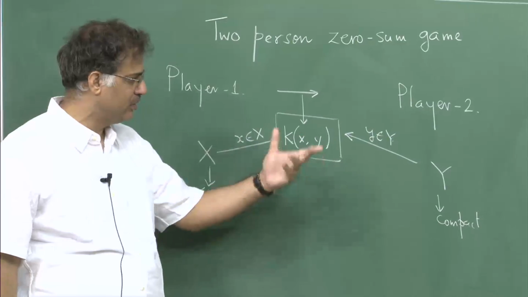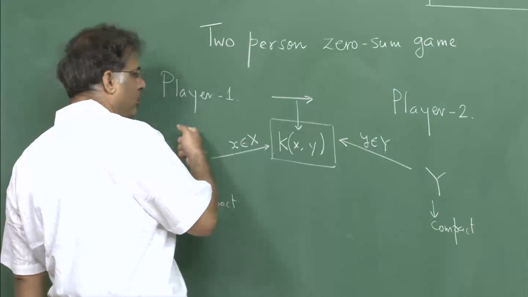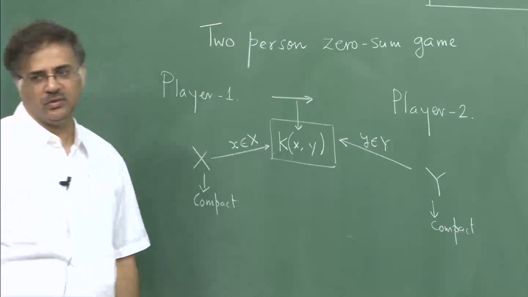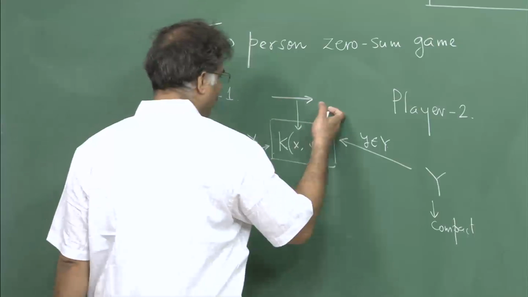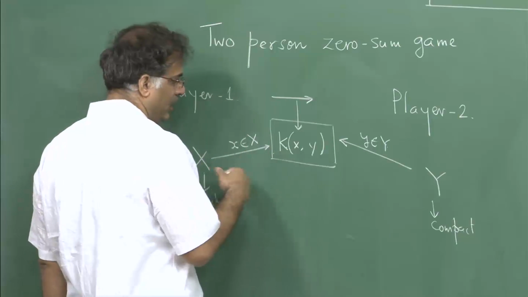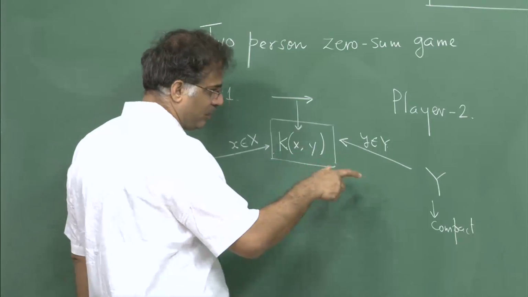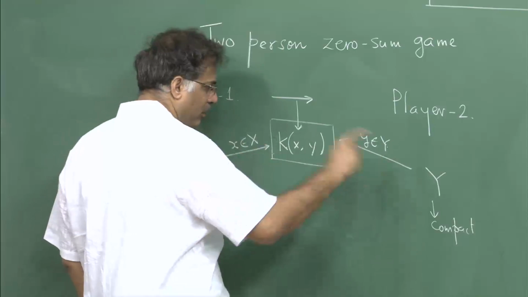But let us just take that he is making a move. It does not mean that every time player 1 is giving player 2 money. If player 1 is giving money to player 2, then k(x,y) is positive for player 1.